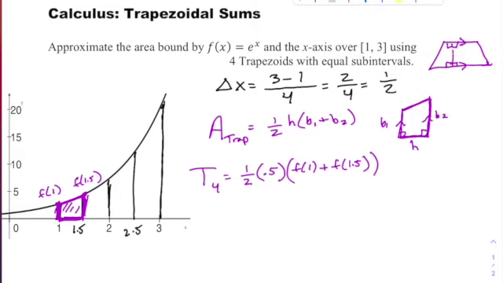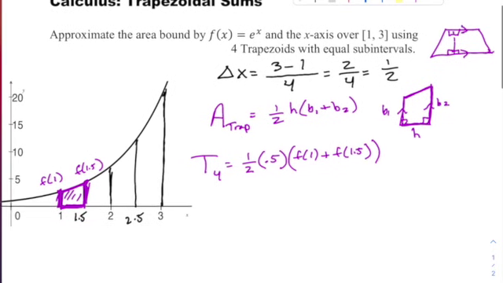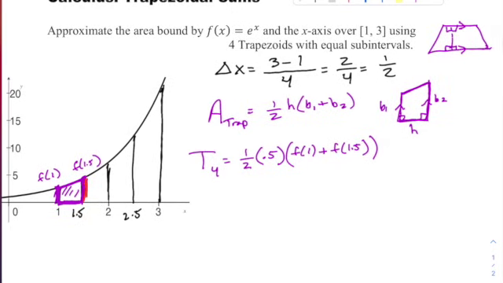And then as I move along to the next trapezoid, between 1.5 and 2, it's still got a width of 0.5, the height of the trapezoid. So it's still 1/2 of 0.5.